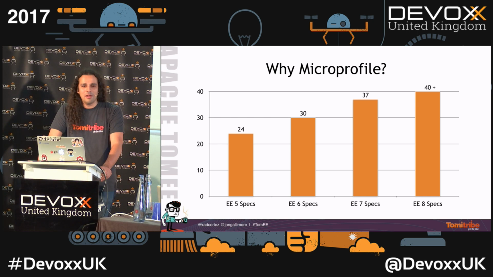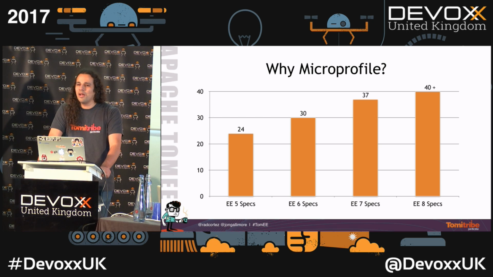If you look into how the Java EE spec evolved and how many specs there are per version, you'll see that it's been gradually growing every major release. For EE 5 we have 24 specifications, then it grew to 30, then 37, and EE 8 didn't come out yet, but there are already a couple of specs in it.